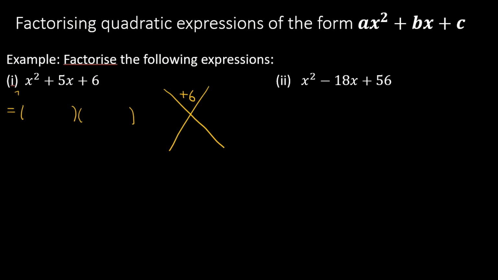Okay. Now we consider the middle term, which is 5x. What is the coefficient of 5x? It is simply positive 5. We write it here. Okay. After doing this, now you have to think of two numbers.